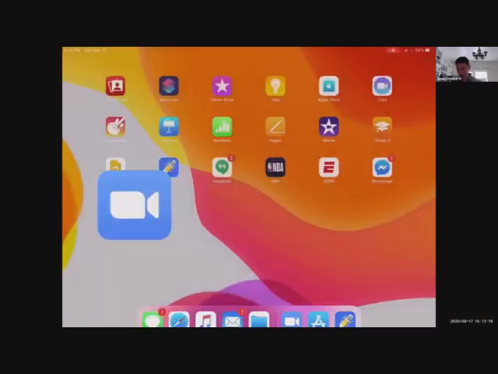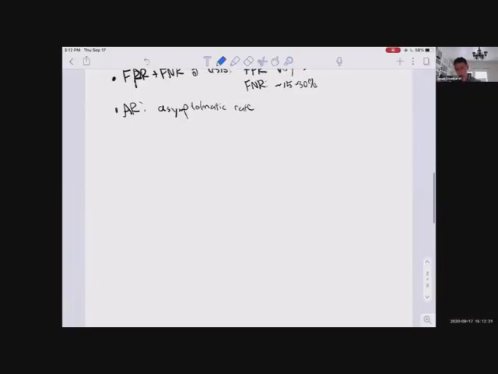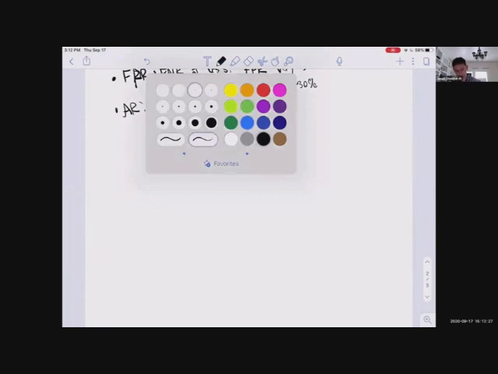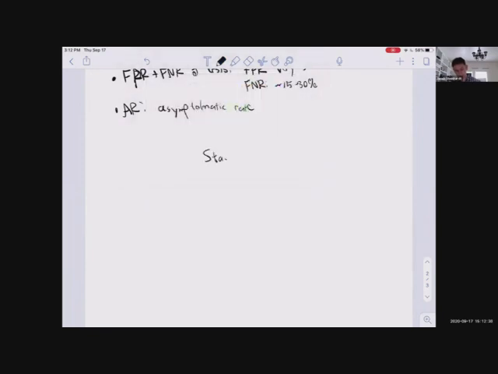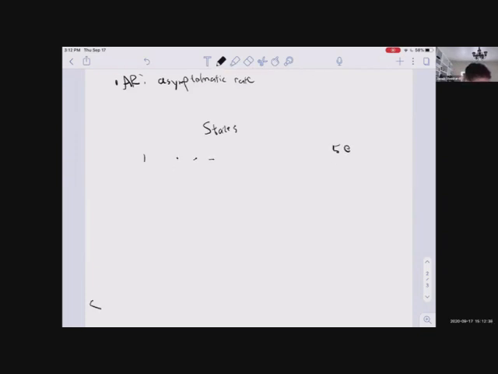Let's write this down. A better graphical model would be a grid graphical model where we have states on the one hand, states 1 through 50, and then we have pollsters.